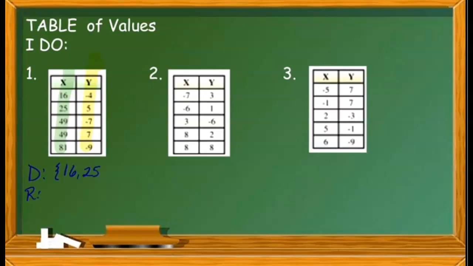So I have 16, 25, 49, 49 repeats itself, so I don't write it down again, and 81. And again, since the x repeated itself, it goes to two different numbers. This is automatically not a function. Then we're going to do our ranges. The y values are -4, 5, -7, 7, -9.